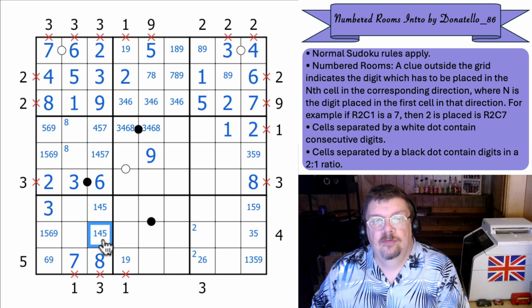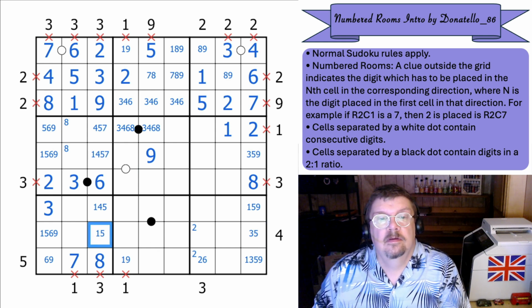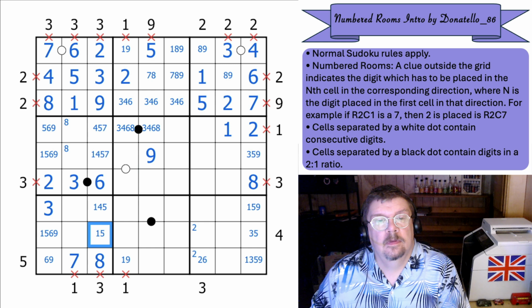Okay, that's not a 4 because that would need to have a 7 there. Four is here or here in this row. So that's not a 4, so one of these two is a 4.